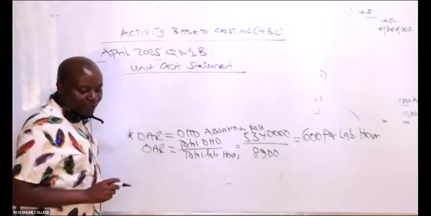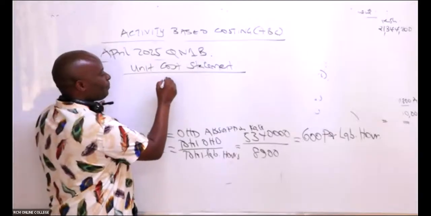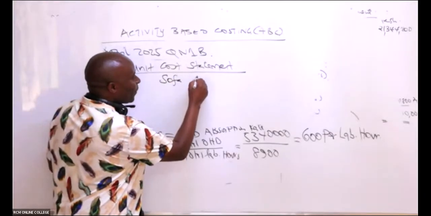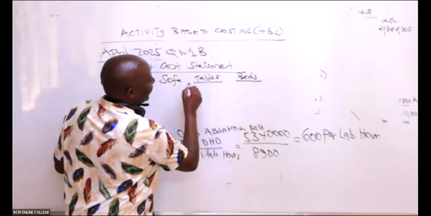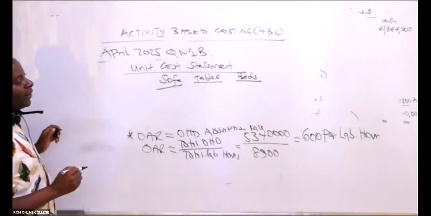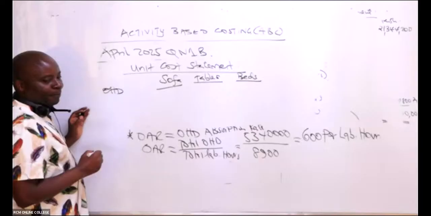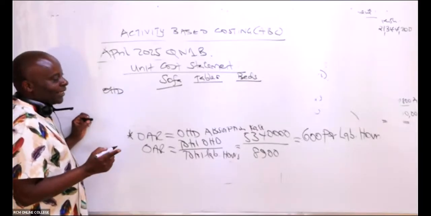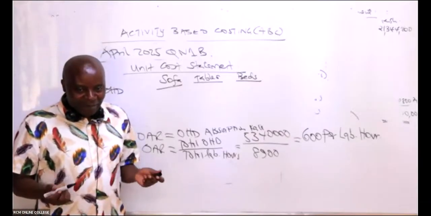Our three products, ladies and gentlemen, what are their names? We have sofa, tables, and the beds, isn't it? Great. So we start here with the overhead for each unit, for each sofa set. Remember, we are absorbing this overhead using labor hours.